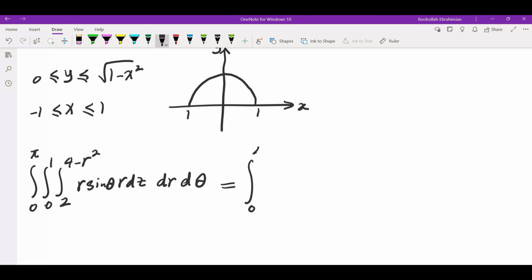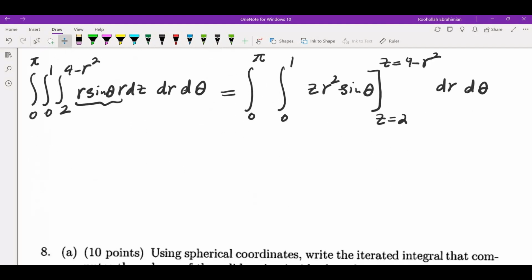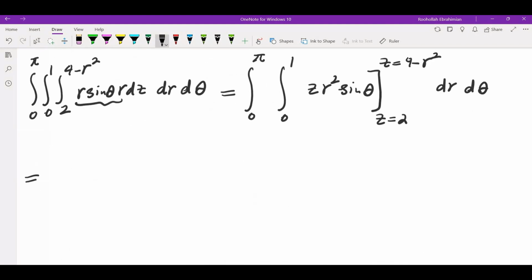So let's evaluate this. 0 to pi, 0 to 1. This one is r squared sine theta. When you do dz, you just get z r squared sine theta, and then z goes from 2 to 4 minus r squared, dr d theta. Next, we're going to evaluate this one. So we get integral from 0 to pi, integral from 0 to 1.